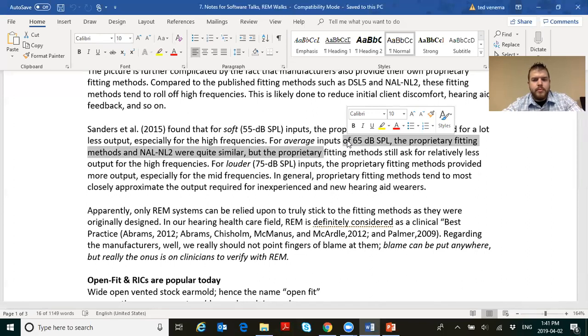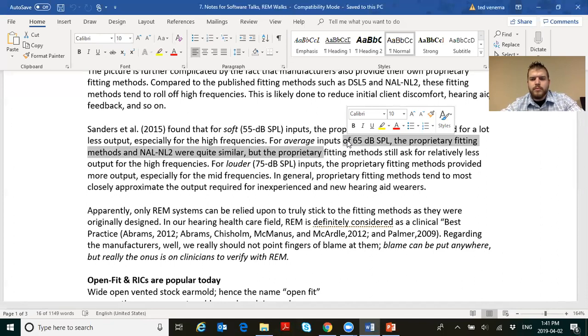For louder inputs, the proprietary fitting methods provided even more output, especially for the mids. In general, proprietary fitting methods tend to most closely approximate the output required for inexperienced and new hearing aid wearers.